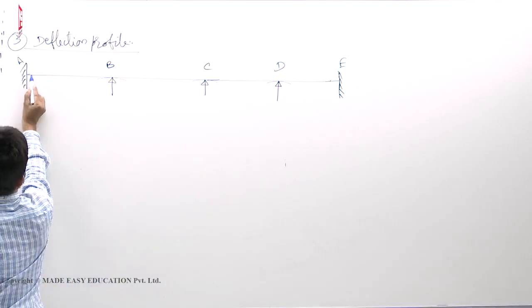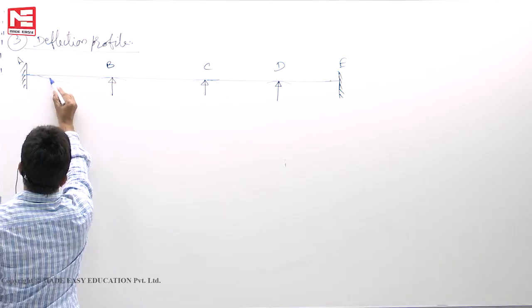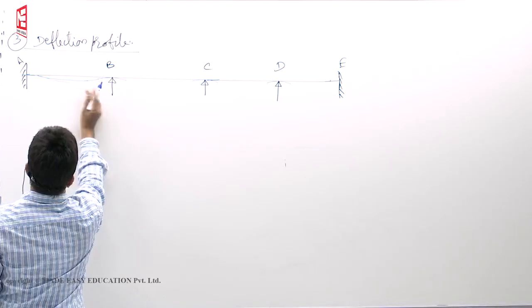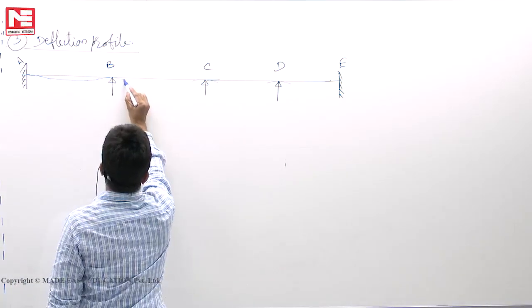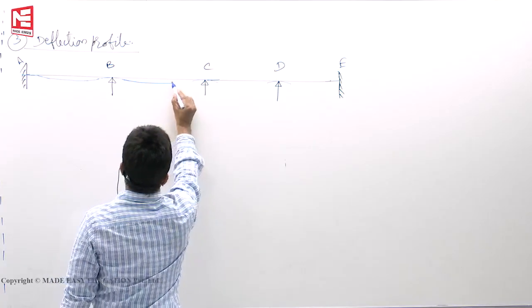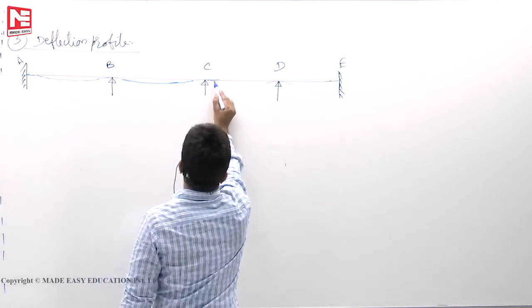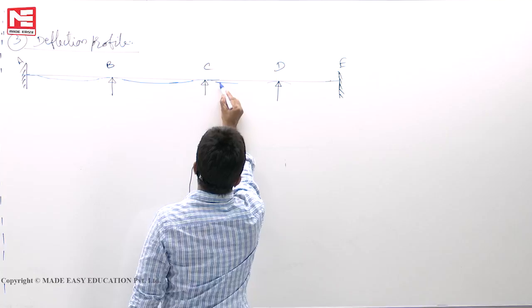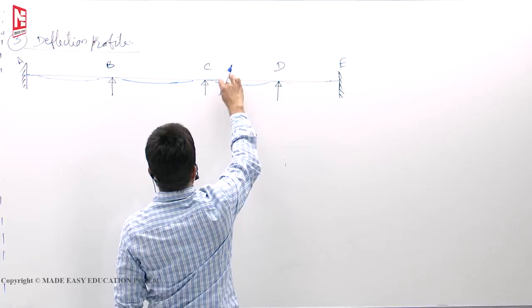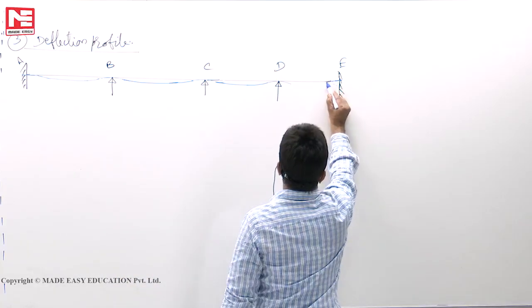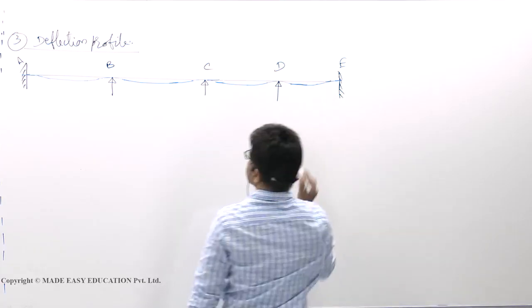Now here theta A is also 0 because of the fixed support. So is the case here.